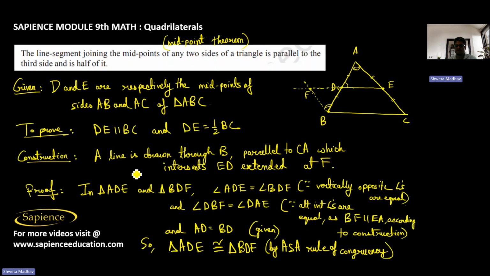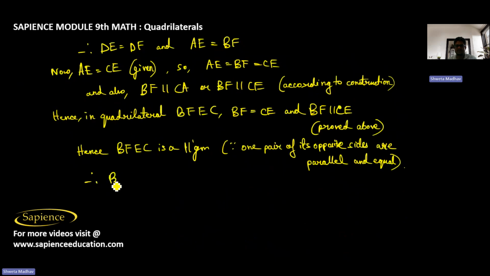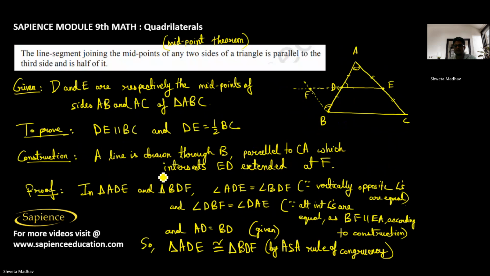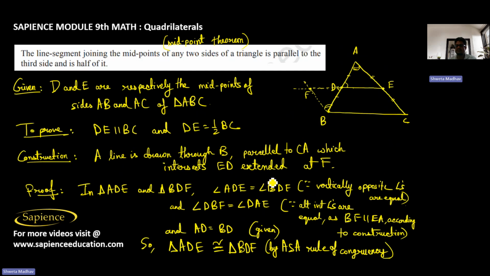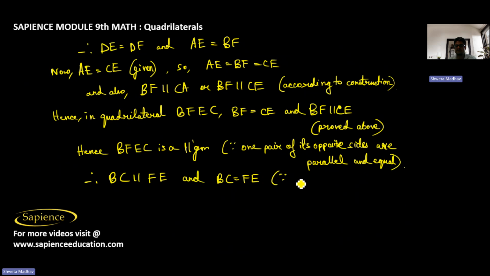So therefore I can say that BC is parallel to FE and BC also equals FE. Since why? Since each pair of opposite sides in a parallelogram are parallel and equal.